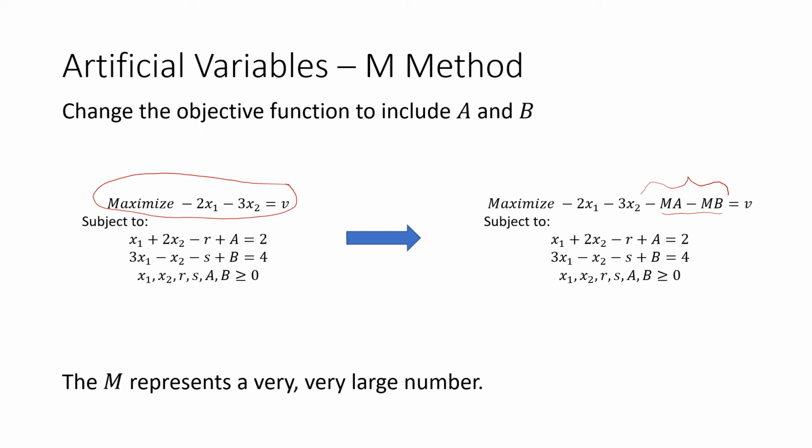So by adding into our maximization the negative of our artificial variables times a very, very large number, that is going to guarantee that they become zero. Because if they're anything other than zero, we're not going to get a maximum value. We're going to get something that's much, much smaller, much more negative. So that's the thinking behind the little trick.